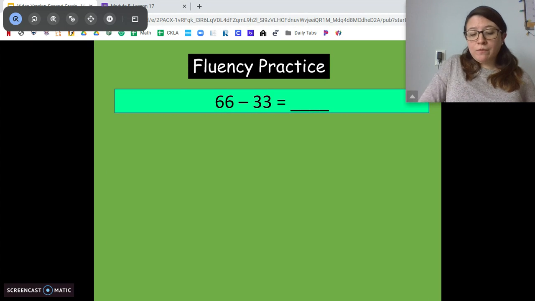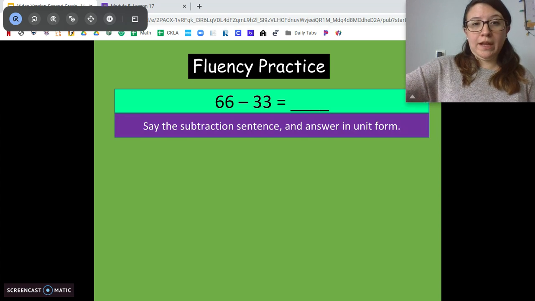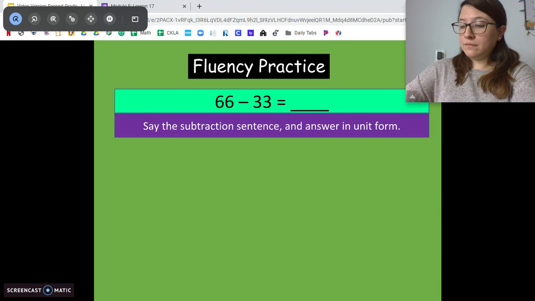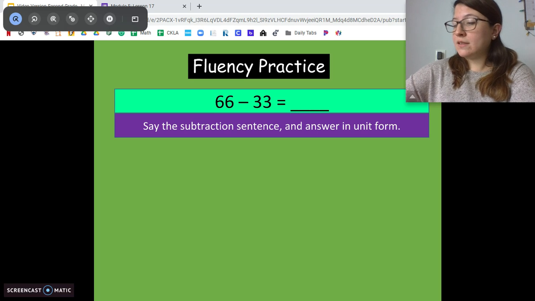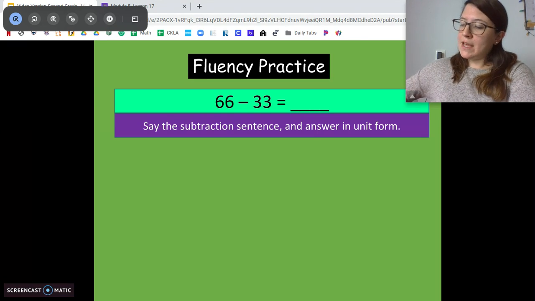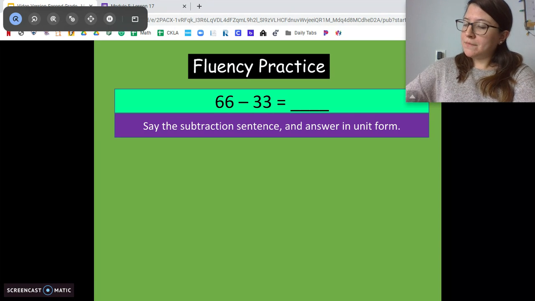I would love for you to say this number sentence in unit form for me. Tell me the number of tens, number of ones, minus number of tens, minus number of ones.